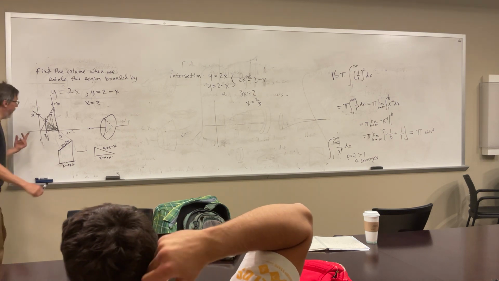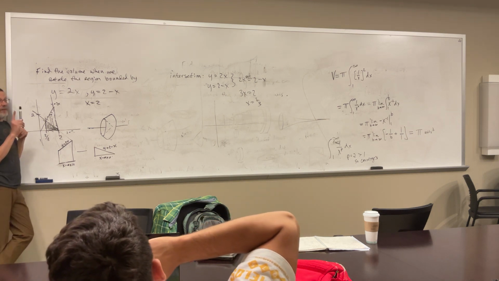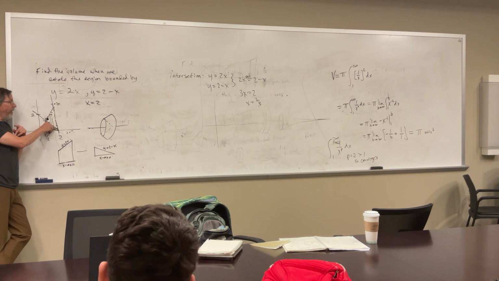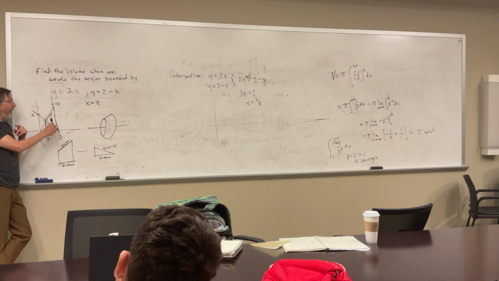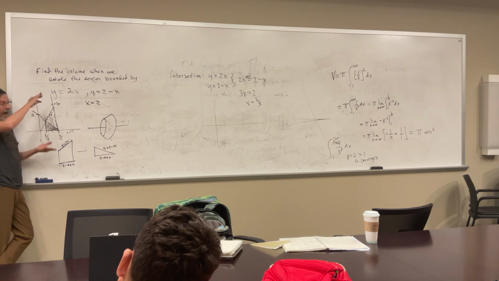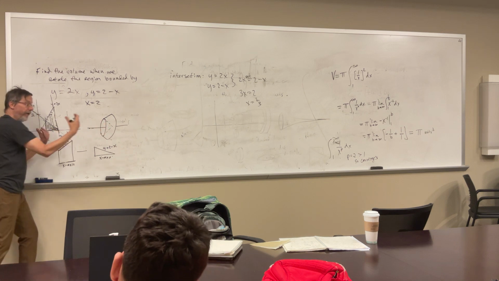Now I'm going to go through here, and I want you to think about what I'm saying, because I think you're going to hear me say this 1,000 times. I'm going to take outer and then minus inner. I'm going to do this in 2 parts, but always think outer minus inner, upper minus lower, right minus left.